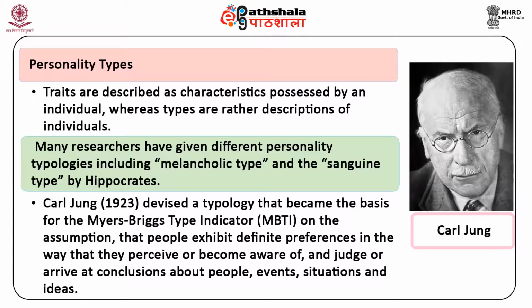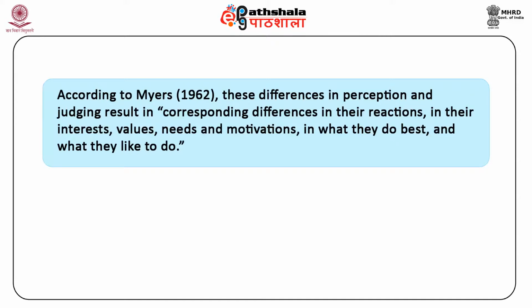Carl Jung devised a typology that became the basis for the Myers-Briggs type indicator on the assumption that people exhibit definite preferences in the way that they perceive or become aware of, and judge or arrive at conclusions about people, events, situations, and ideas. According to Myers, these differences in perception and judging result in corresponding differences in their reactions, in their interests, values, needs, and motivations, in what they do best and what they like to do.